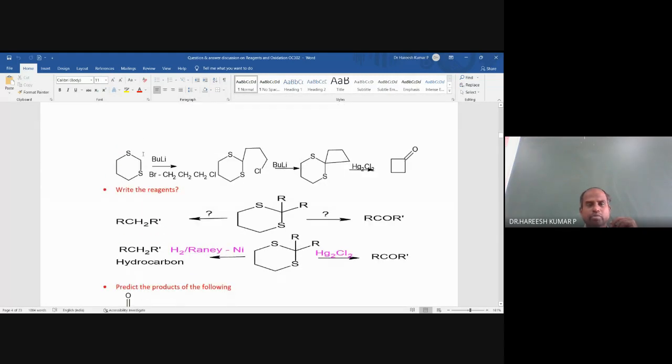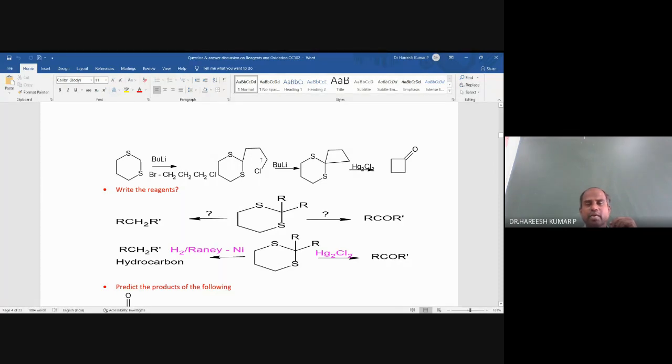When it is treated with butyl lithium, the proton present here is captured, forming an anion. That anion reacts with this carbon and Br goes out. An intermediate is obtained, which is again treated with butyl lithium. Butyl lithium reacts with the proton present on this carbon, forming an anion.